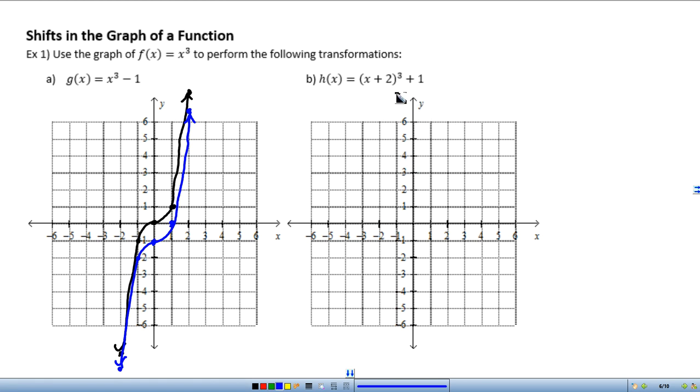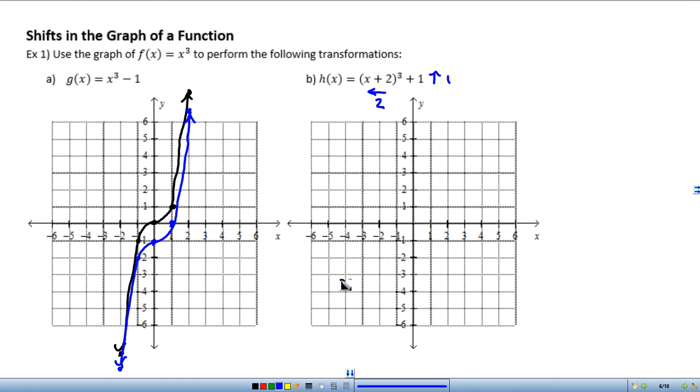Now, for this one, I've got two shifts going on. I've got this plus 1 on the outside, which basically means go up 1. And I've got the plus 2 on the inside, which means go to the left. So I'm going to go to the left 2, and I'm going to go up 1.